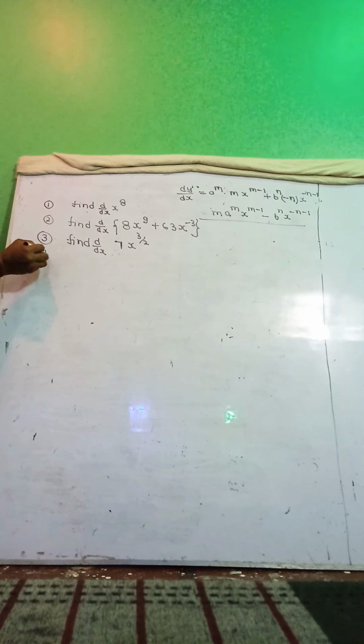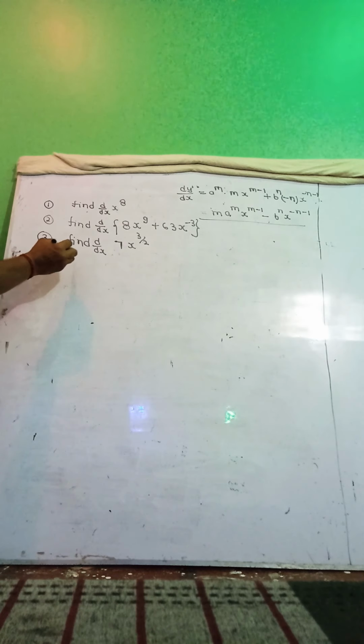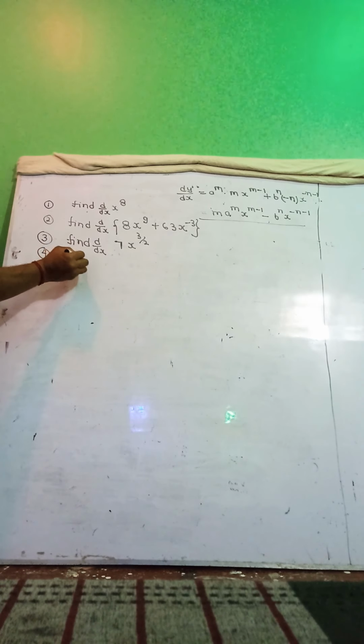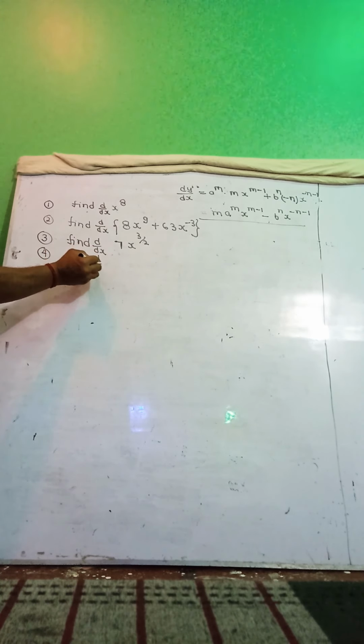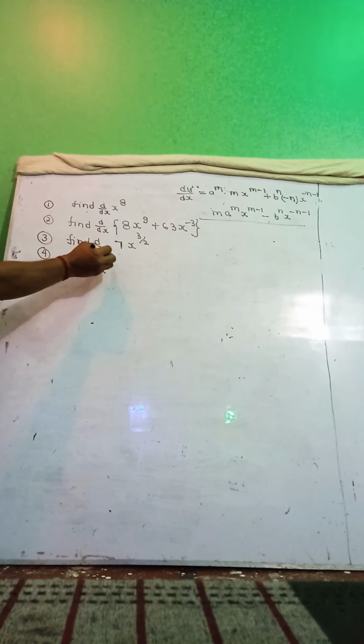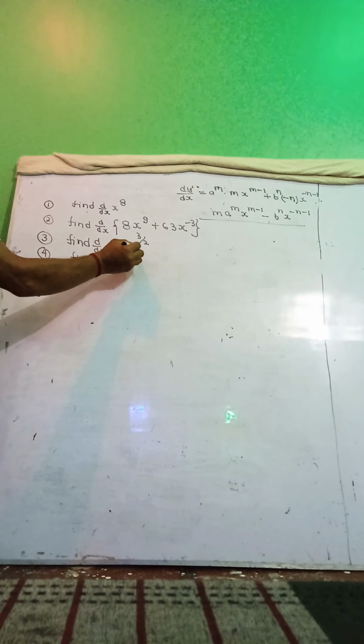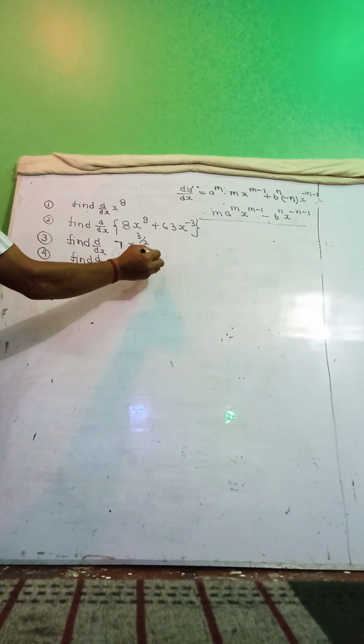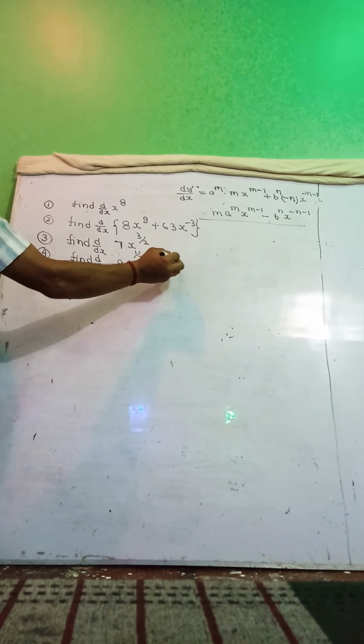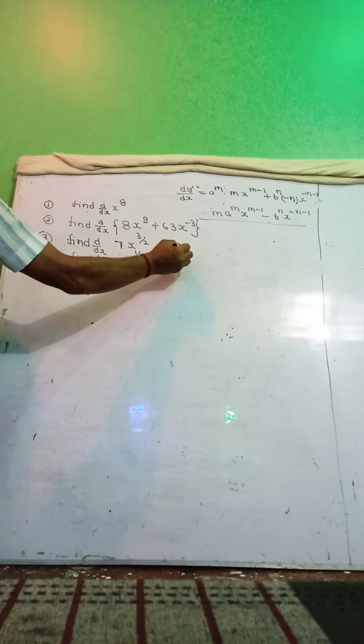Question number 4 is find d/dx of 9 x power 1 by 2 plus 7 x power 3 by 2.